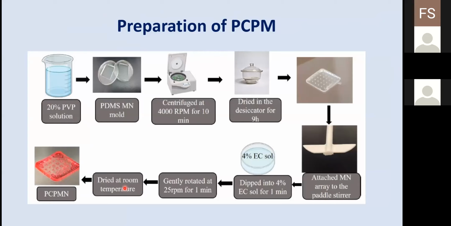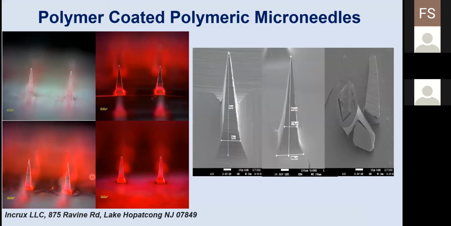We made the microneedles with a dye to make sure that the polymer coating is uniform across the needle. And then we also tested them for their ability to rupture the skin and such things. I'm going to show you some more data in the future. When we made these microneedles, we used ethyl cellulose as the coating polymer.